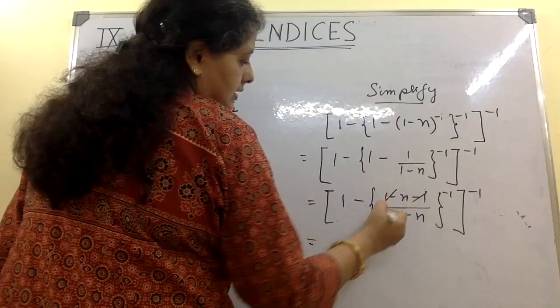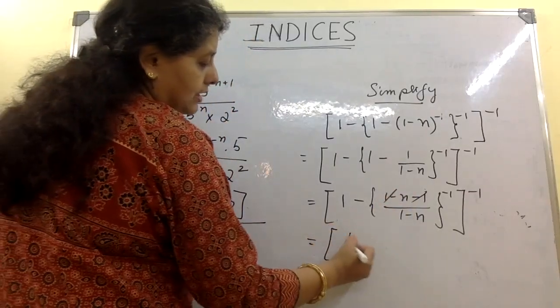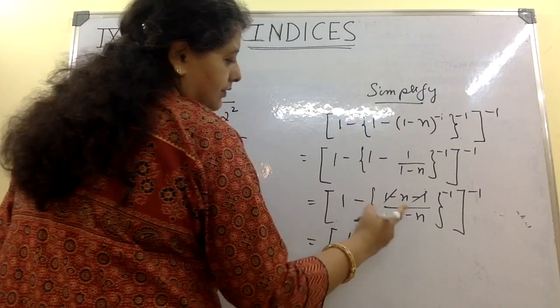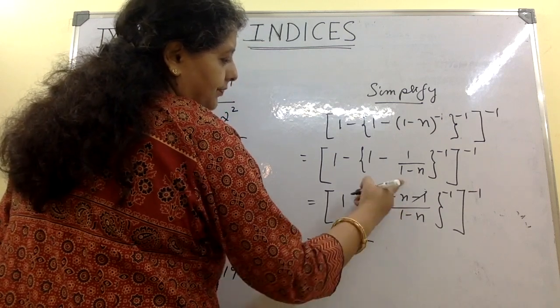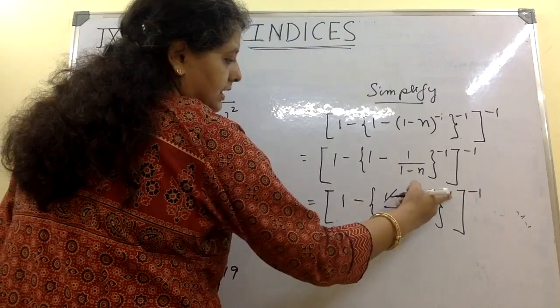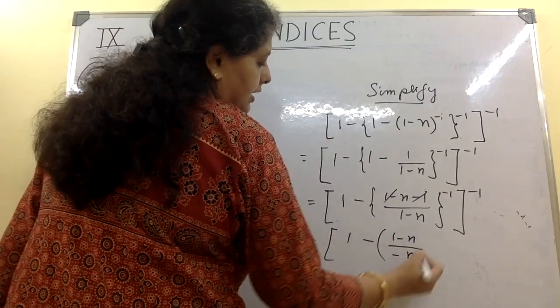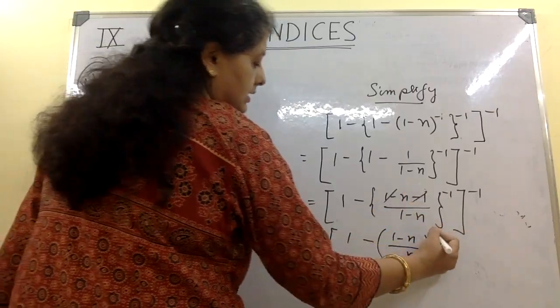Okay, this goes. So here 1 minus, and now here I'll have to give it a reciprocal, because I have this minus 1. 1 minus n by minus n. Okay, I am done with the minus 1 sign.